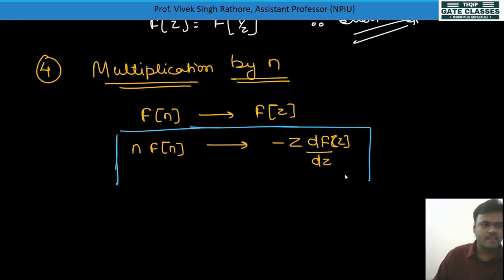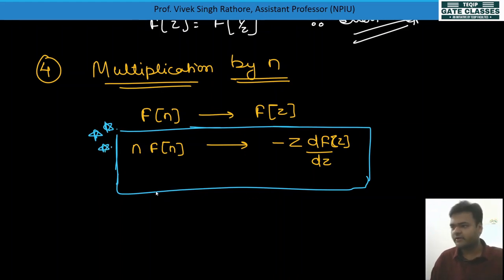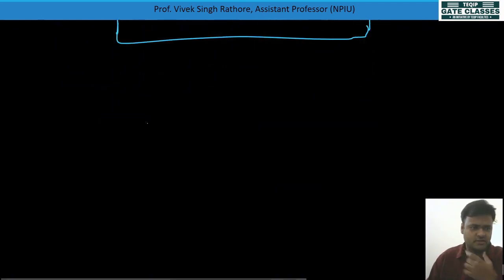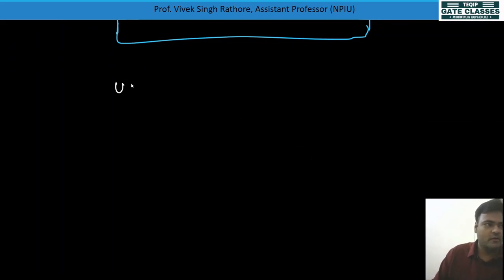Very important. Many times you'll see this in the question. n into f of n is nothing but minus z df by dz. We'll try to understand from questions. Like see, u of n is there.